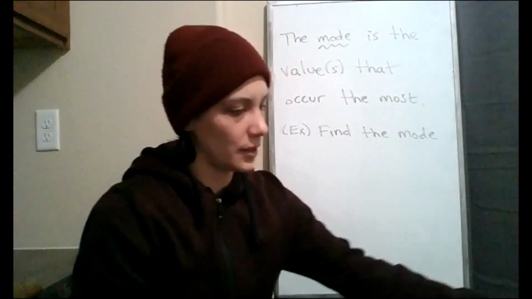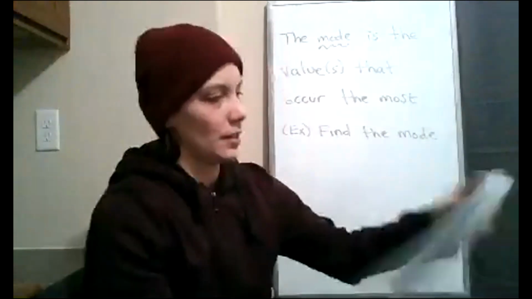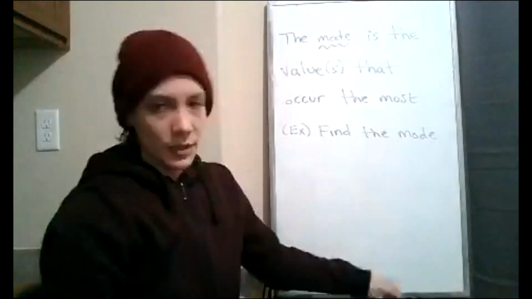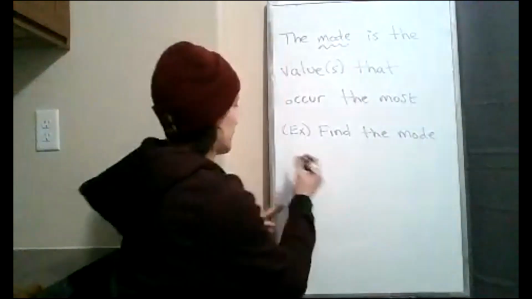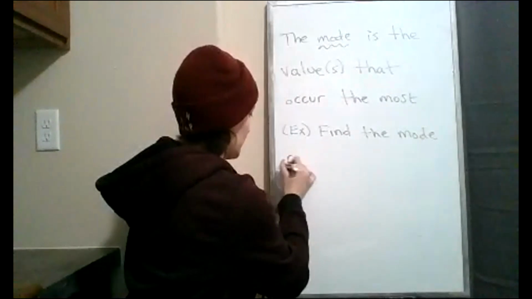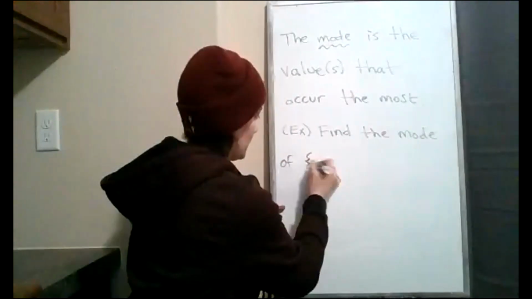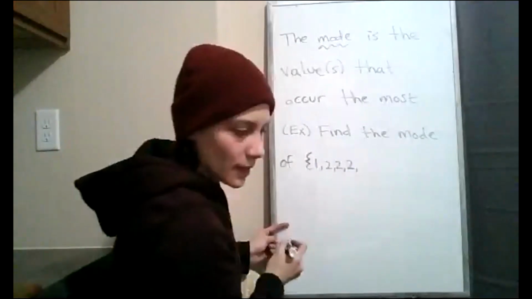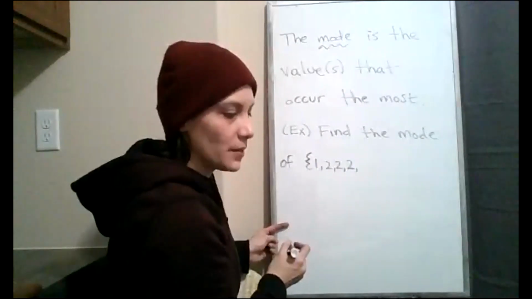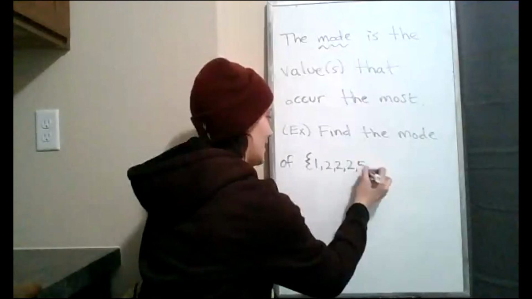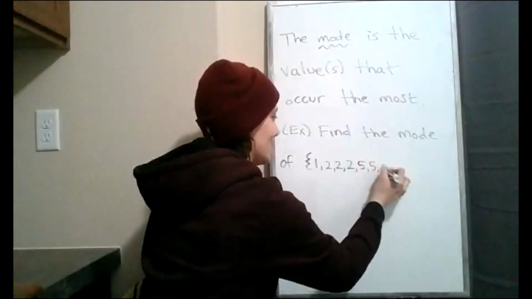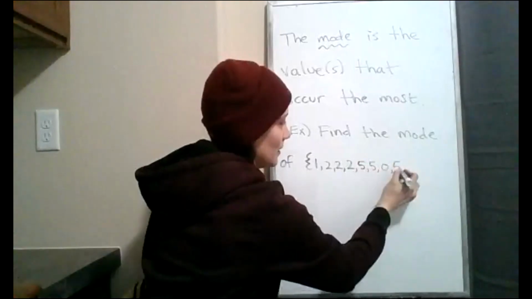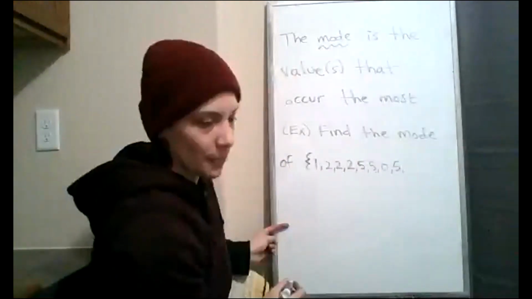Let's go over the set that has 1, 2, 2, 2, 5, 5, 0, 5, 2, 5.